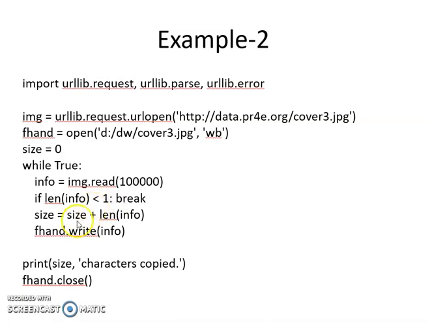If it has something, update the size with the length we find, and then write the content into the file. We are doing this so we can find the number of bytes that have been copied, and the content is there in the file which we opened.